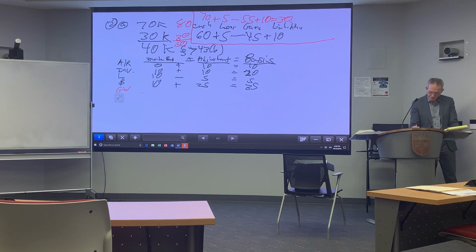So the goodwill has 0 basis, but now, just like we did before, we're going to disproportionately allocate that 50. 3/5 of the $50 gain is allocable to the capital assets, including goodwill. 2/5, or 20,000, is allocated to accounts receivable and inventory.